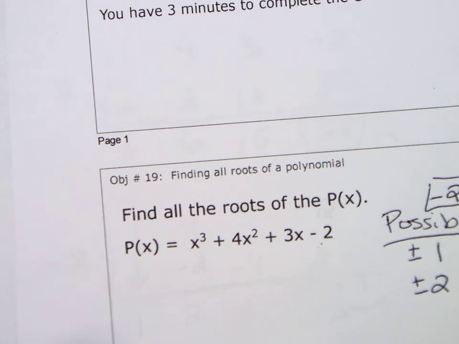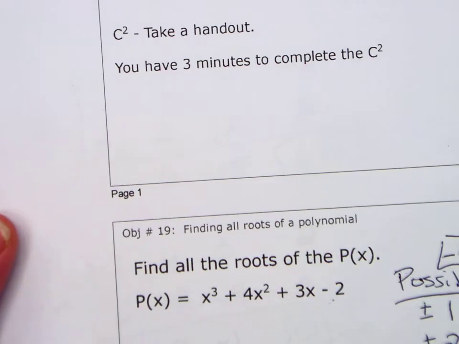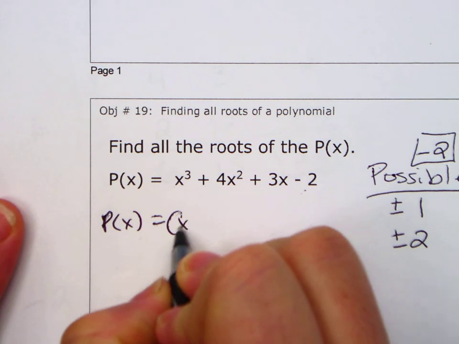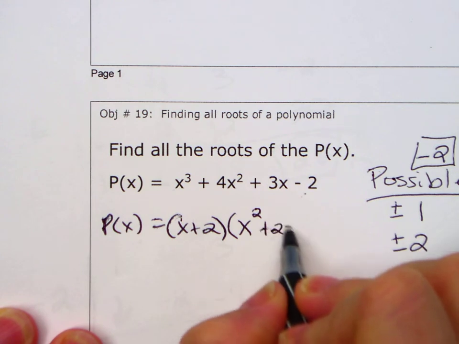So if it's x to the third, when you divide, you get x squared. X squared plus 2x minus 1. So p of x equals x plus 2 times x squared plus 2x minus 1.